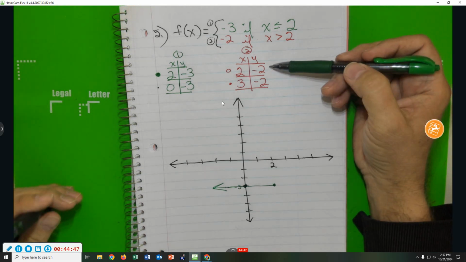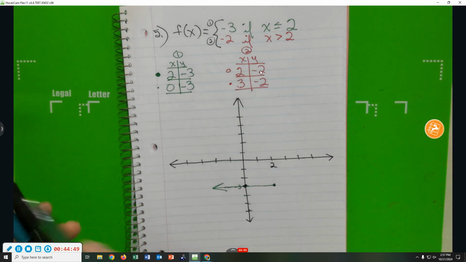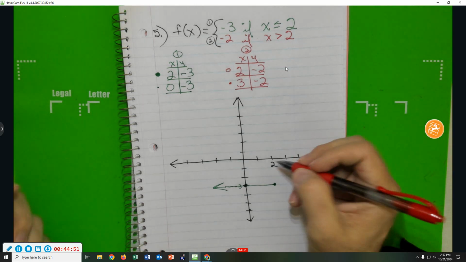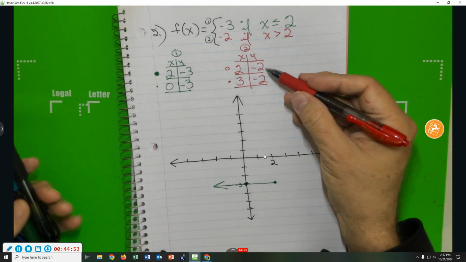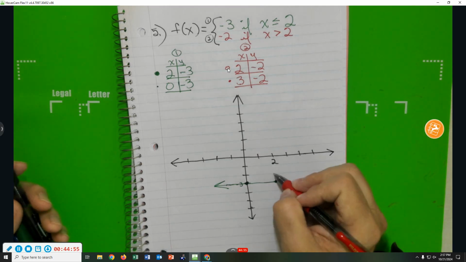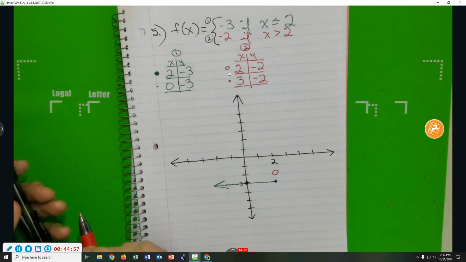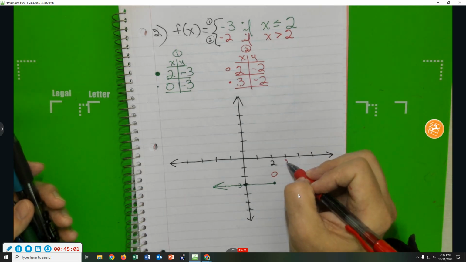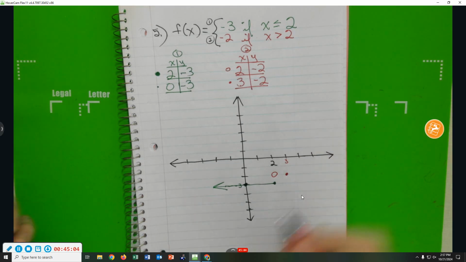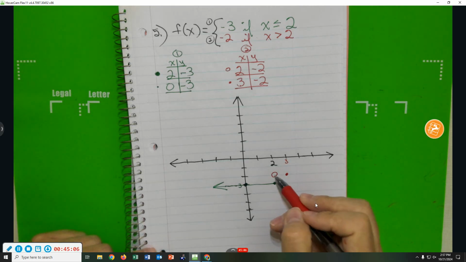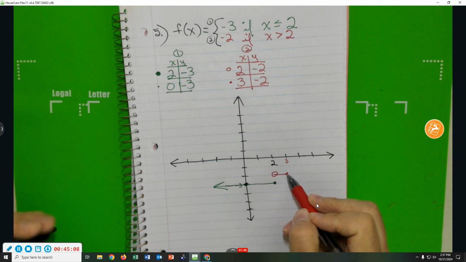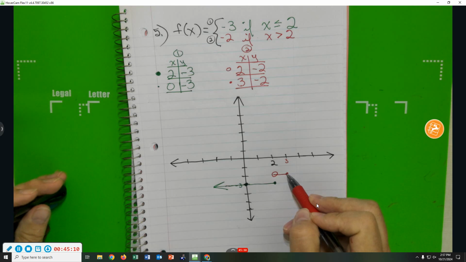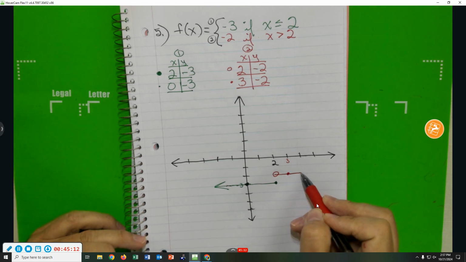What about the right side? 2, negative 3. No, 2, negative 2. Right 2, down 2, we have an open circle. Then we go right 3, down 2. That's a regular closed dot. Is that it, or does the graph keep going? It keeps going.